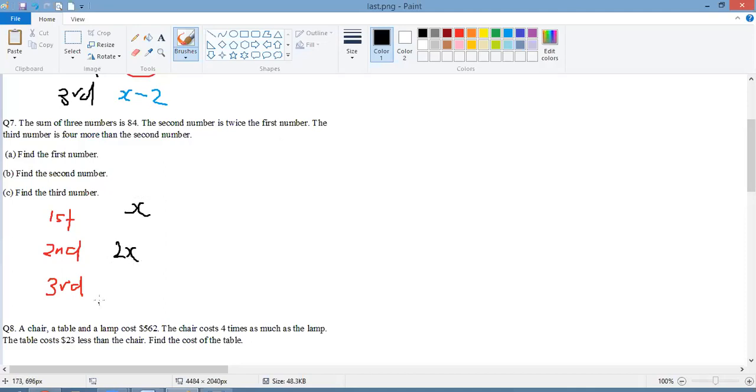And the third number is 4 more than the second number. So the second number is 2x. So 4 more means that it is 2x plus 4. Okay, then you can get an equation from this sentence: the sum of these three numbers equals 84.